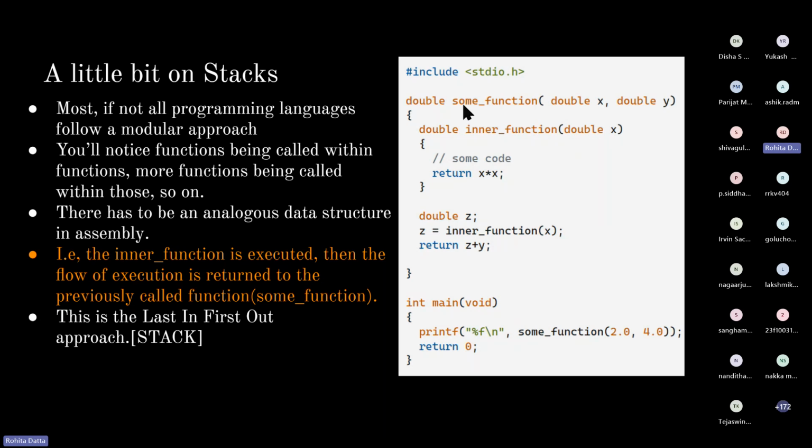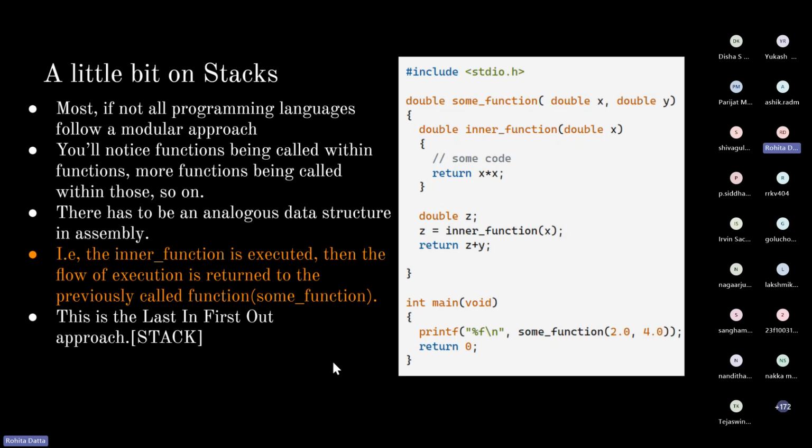And then after some function is called, there's a function called inner function that's called. And after this is done executing, it returns back to some function. So innermost functions are executed first, and then the function that was called before it.